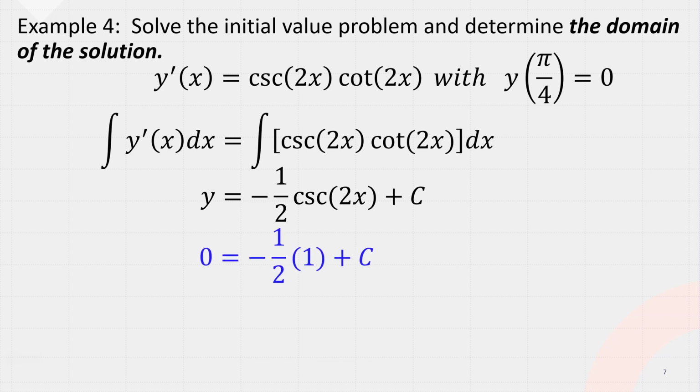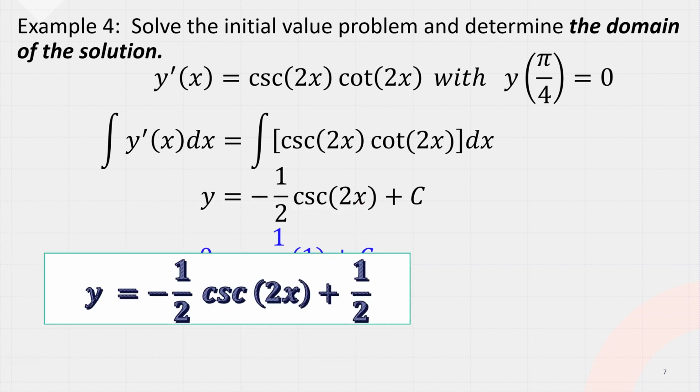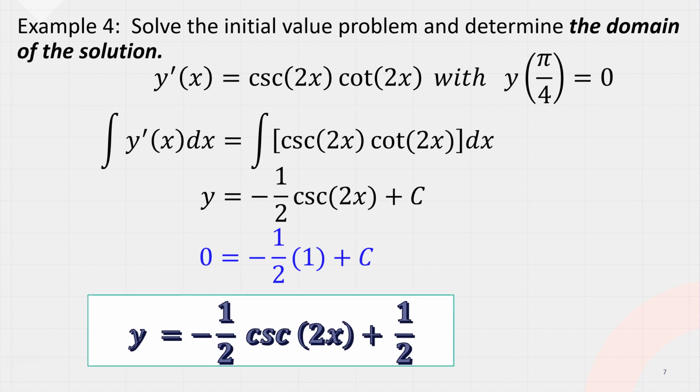With that initial value, pi over 4 for x and 0 for y, c is going to be 1/2. So the function that is the solution to this initial value problem is y equals negative 1/2 cosecant of 2x plus 1/2.